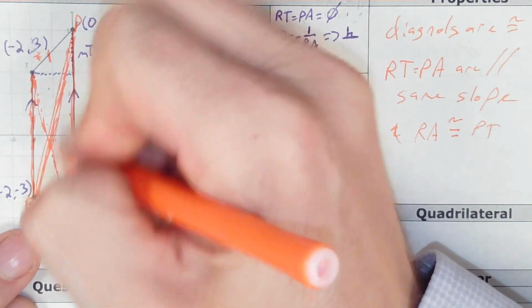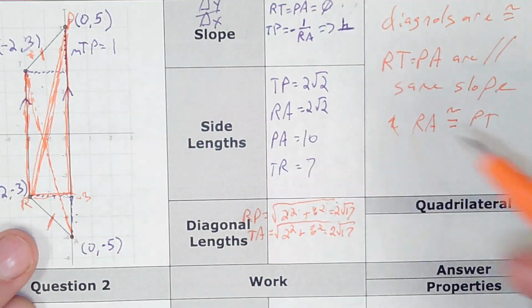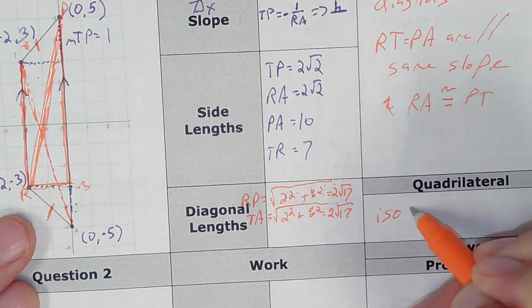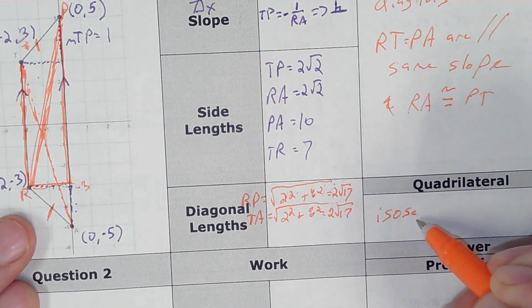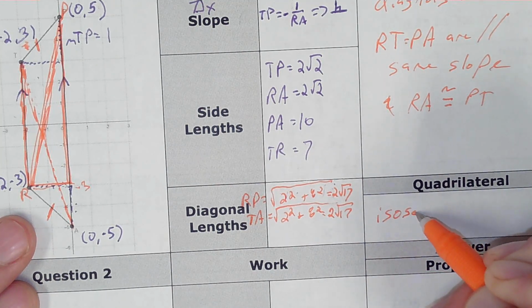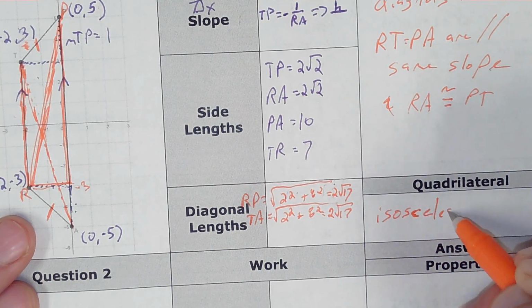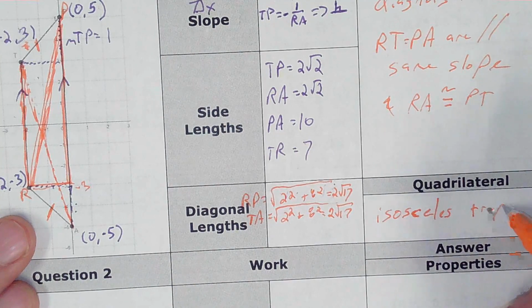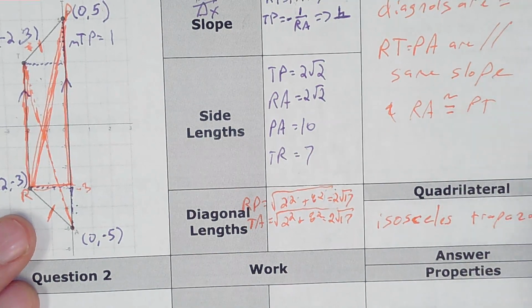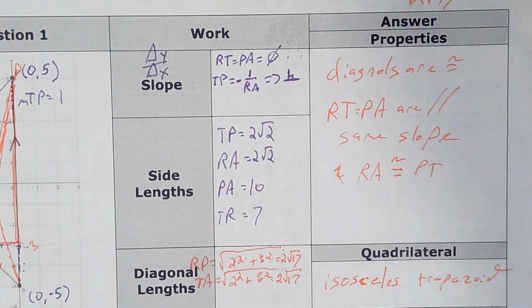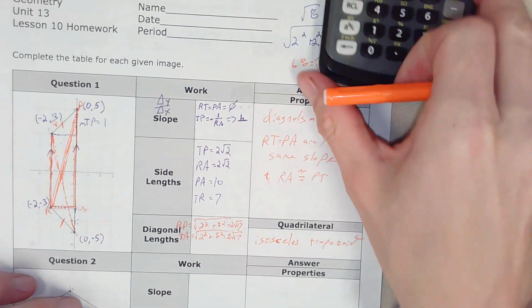These diagonals are congruent, and that's enough to say that's an isosceles trapezoid. That's an isosceles trapezoid, right? So that is all the work for that one there.